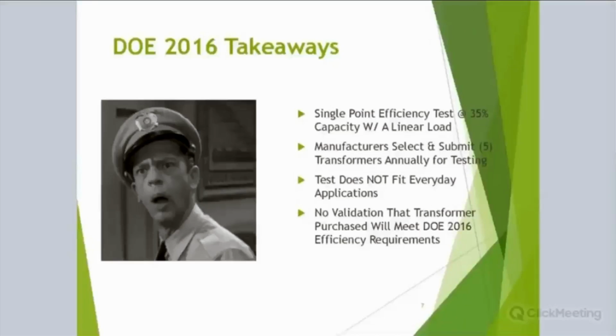So what are the takeaways on the efficiencies of DOE 2016? One is the single point efficiency at 35% of linear load is really not a fair representation of what your installation is actually going to see. Manufacturers get to select the 5 units and reuse those. Like I said, that is somewhat of a bait and switch, but that's how it's performed right now.